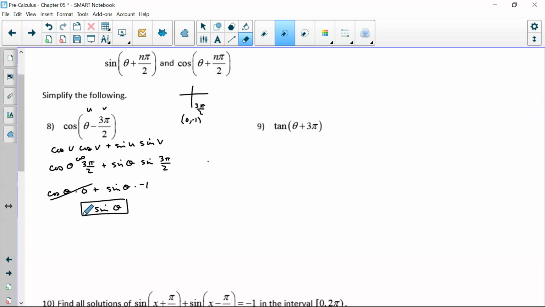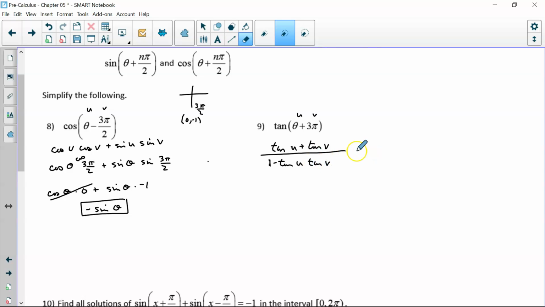Now, tangent of theta plus 3 pi. That's tangent of u plus v. So tangent of u plus v is the tangent of u plus the tangent of v over 1 minus the tangent of u times the tangent of v.